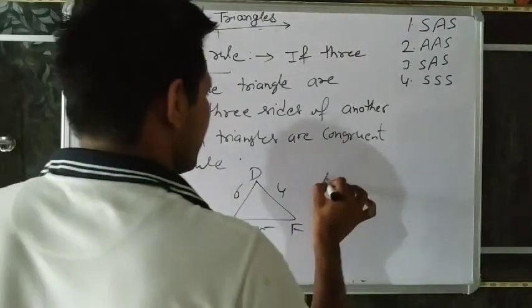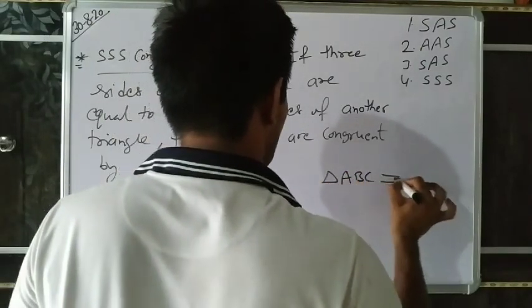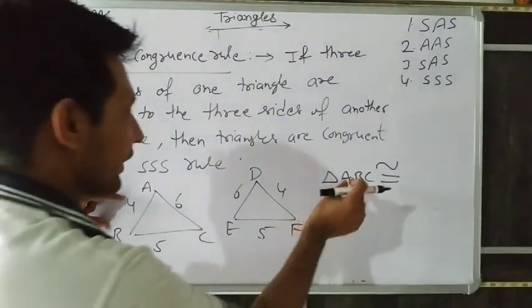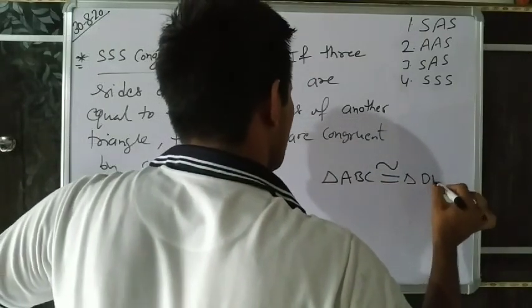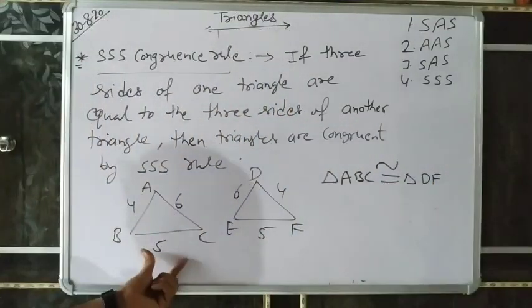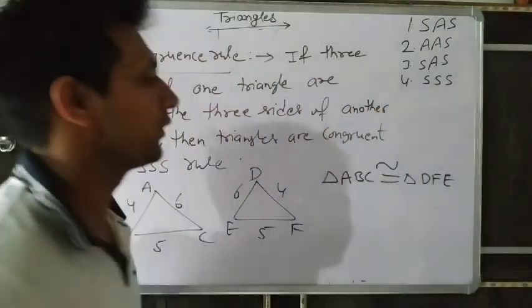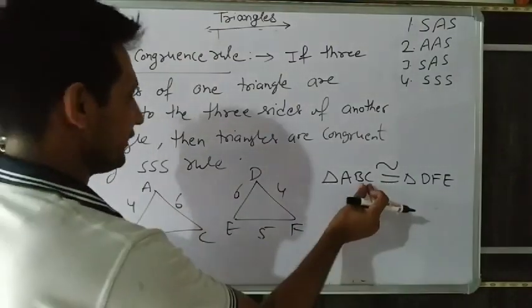So write triangle ABC congruent to triangle DFE. AB is 4, here DF is 4. Next is BC 5, here FE is 5.